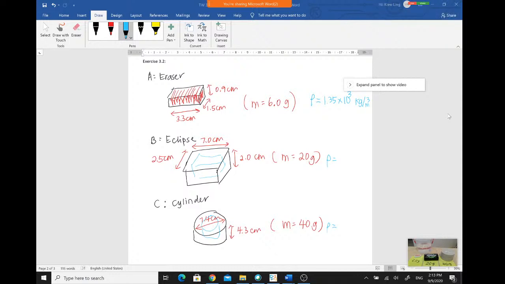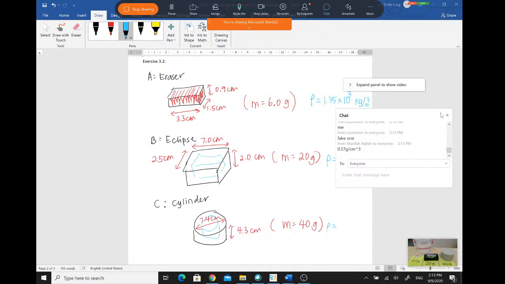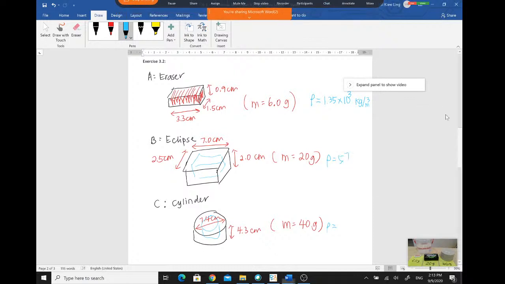0.57. So convert to SI unit, it's around times 10 to the power of 3. So 570. How much? 570, yeah? Okay.